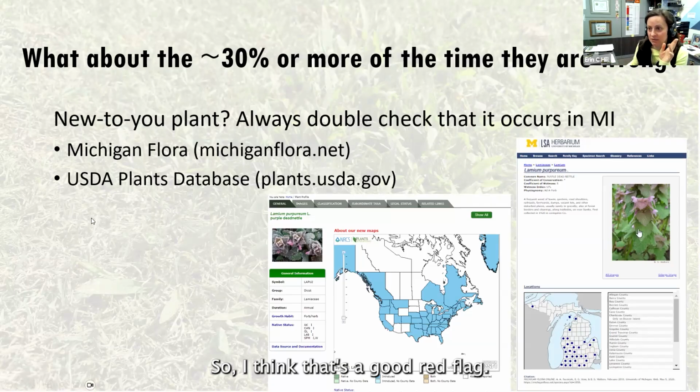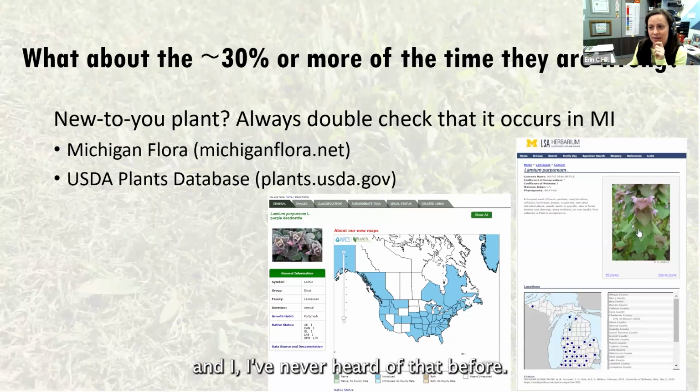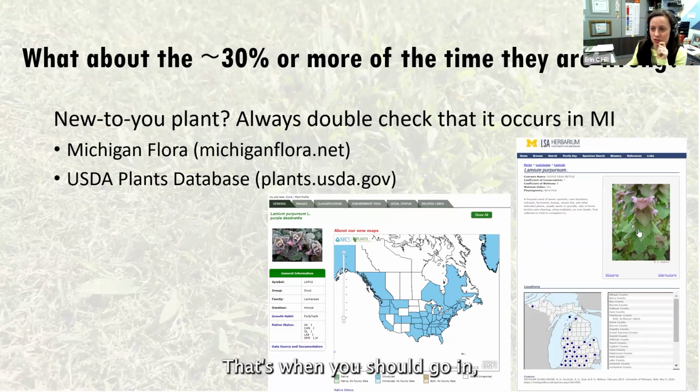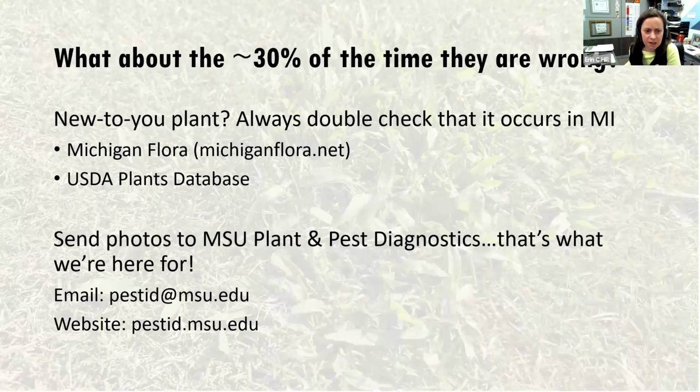So I think that's a good red flag. Like, okay, it's telling me that it's bamboo or something like that, and I've never heard of that before. I don't think I've seen that here before. That's when you should go in and do a little more homework to make sure that it's right.